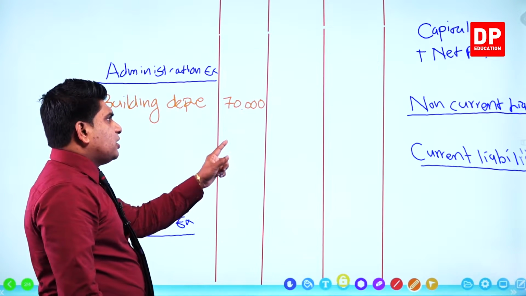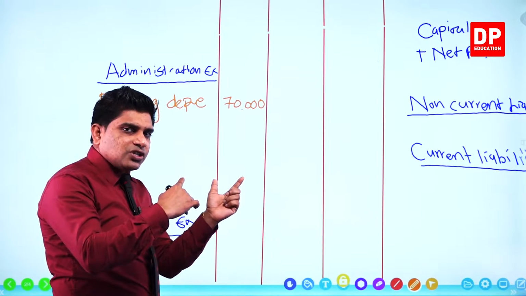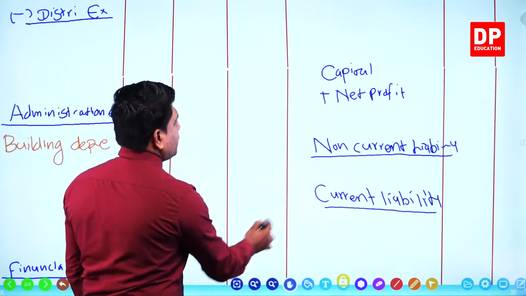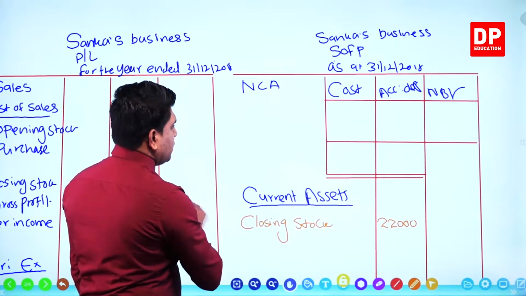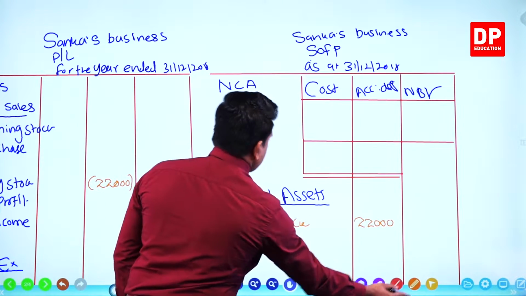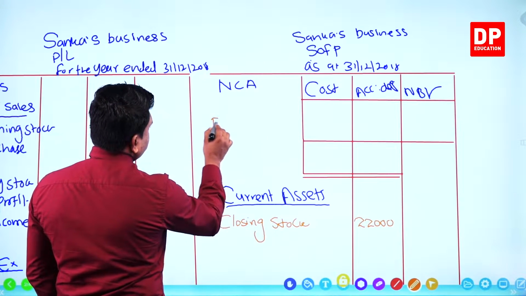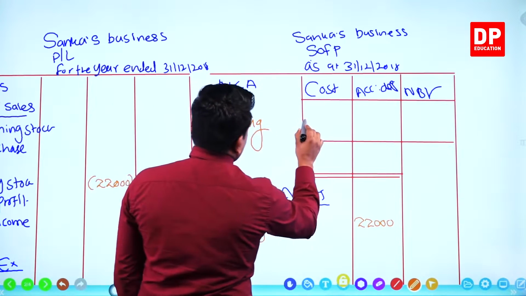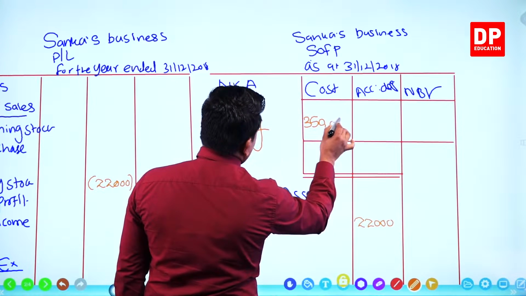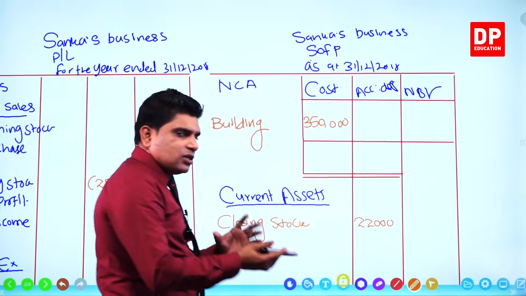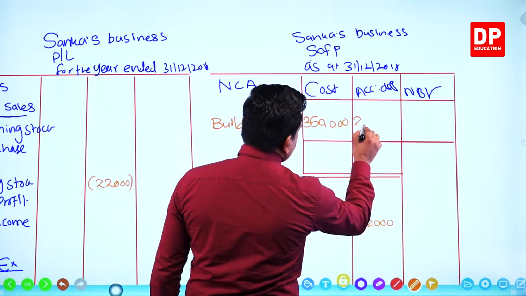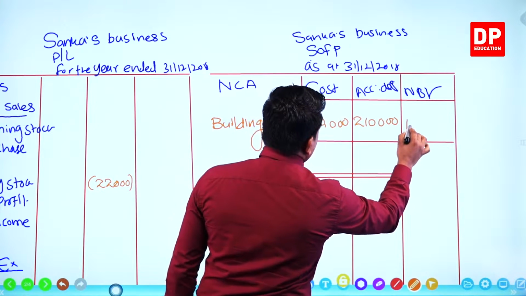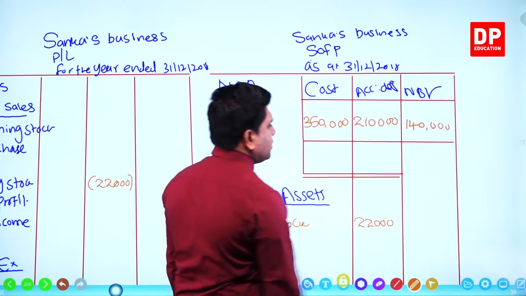After that, this 70,000 and the given depreciation in the question 140,000, total depreciation, is called accumulated depreciation. It goes to the non-current assets. Non-current assets, building, 350,000. After that, what? 140,000 plus 70,000 is 210,000. Then the answer, 140,000 is the balance. That one is also finished.